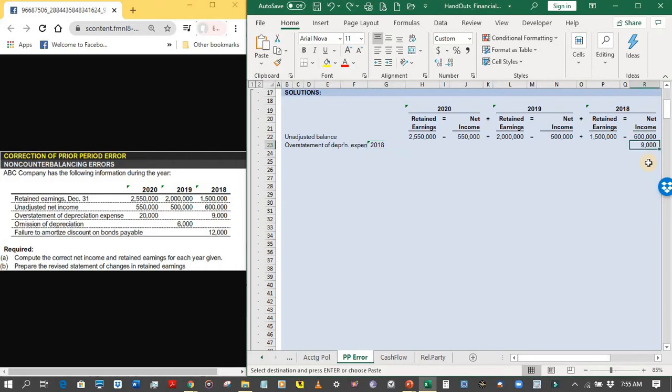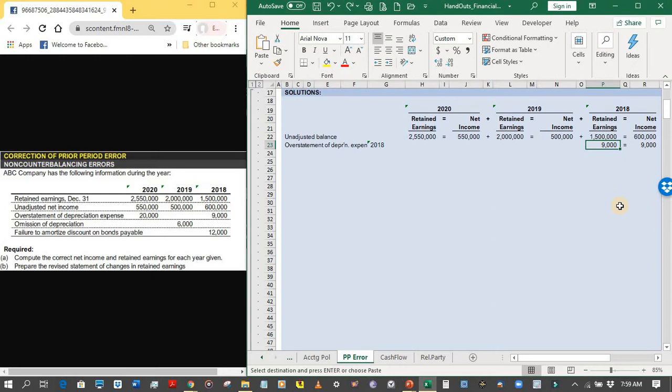So that is for 2018. If the net income in 2018 of 600,000 is understated and this was closed to the retained earnings at the end of 2018, it means that the 1.5 million retained earnings in 2018 is also understated. So to correct the understatement of the 1.5 million, we need to again add the 9,000 pesos.